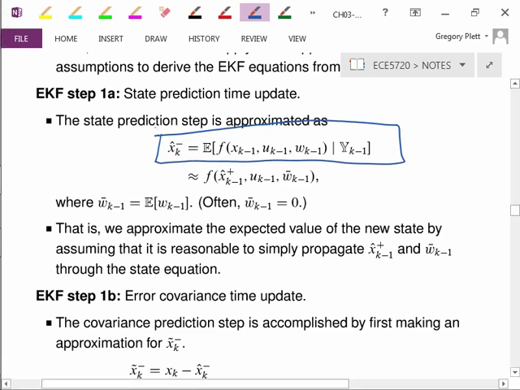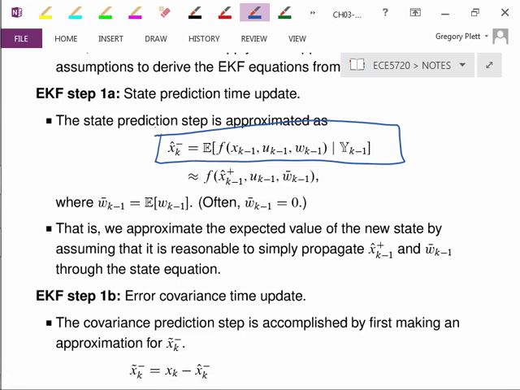Now this is a challenge because now f is a general nonlinear thing. We're not putting any restrictions on what f might be any longer. And the expected value of a nonlinear thing would require integrating over all the probability density functions and so forth to be able to compute it. And that's almost never computable in any kind of a closed form or reasonable simple algorithm.